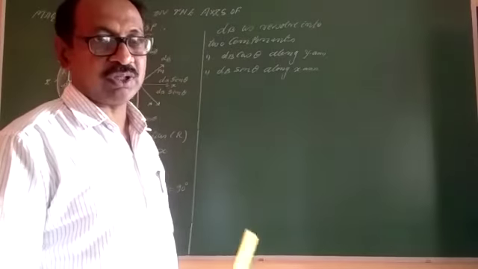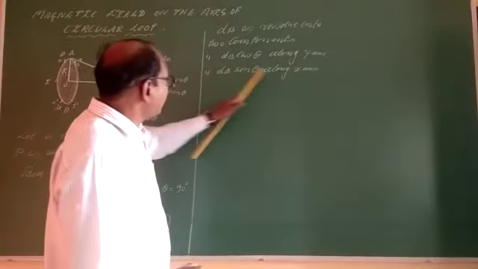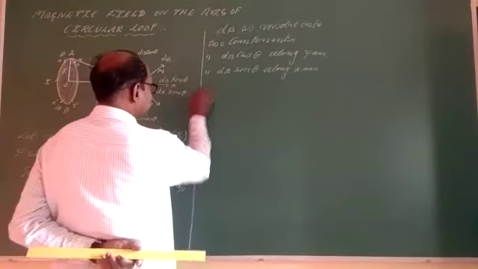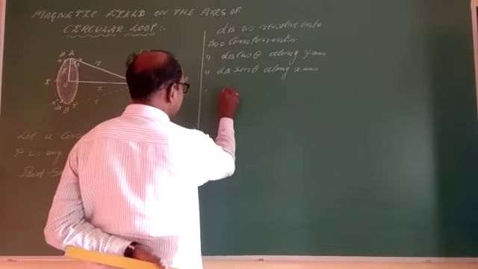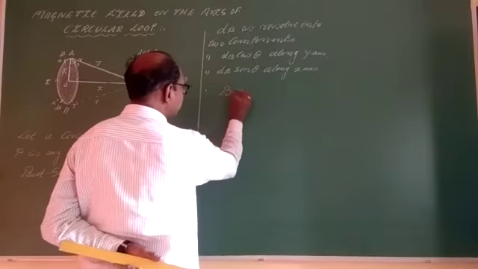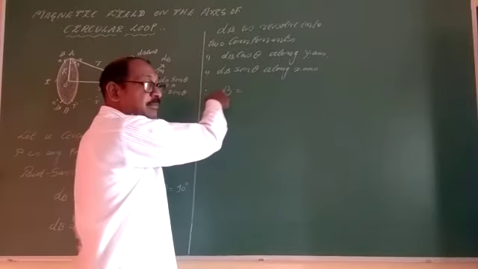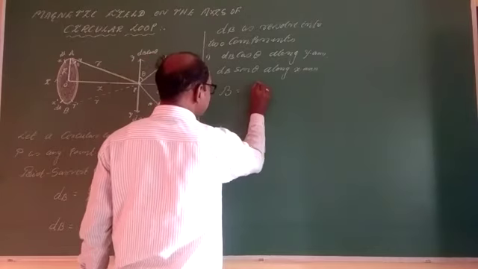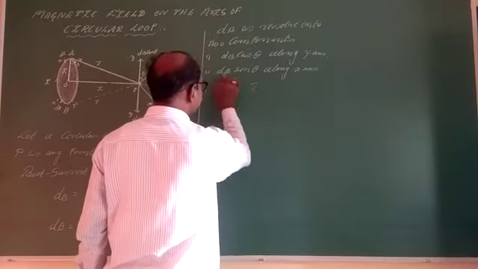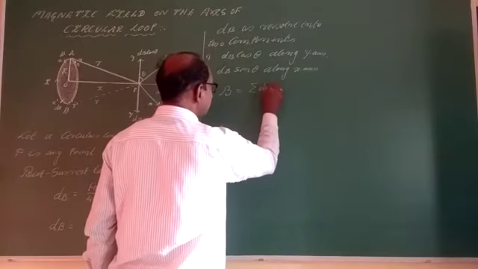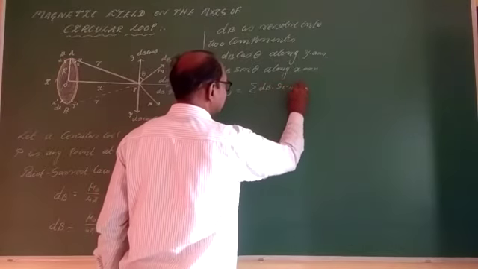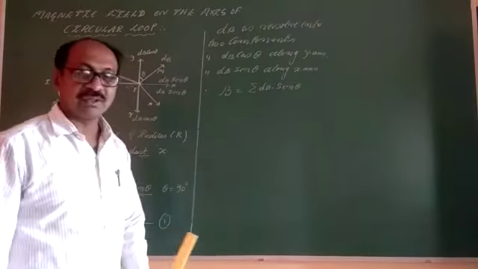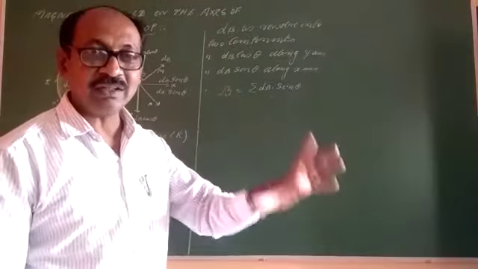So the summation of these means the total magnetic field B is equal to the summation of dB sin theta.